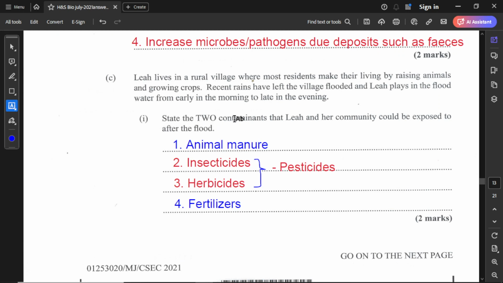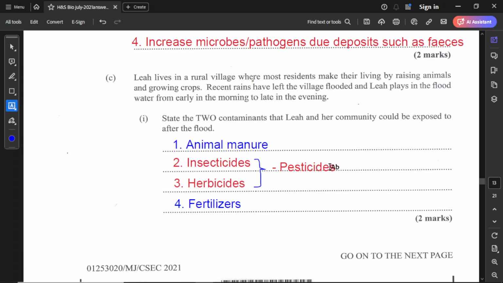Part 1 is to state 2 contaminants that Leah and her community could be exposed to after the flood, and that could be animal manure, because again, they're raising a lot of animals, so animal manure, which is animal feces, typically. And then she could also be exposed to insecticides or herbicides. Generally, those are pesticides, so they pretty much will be the same mark.